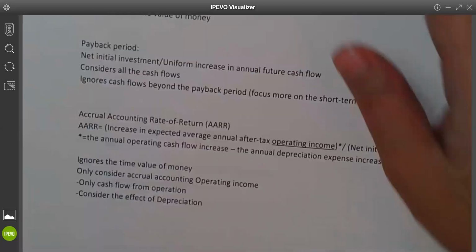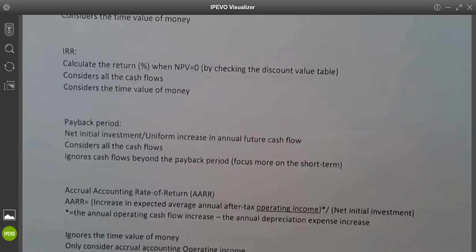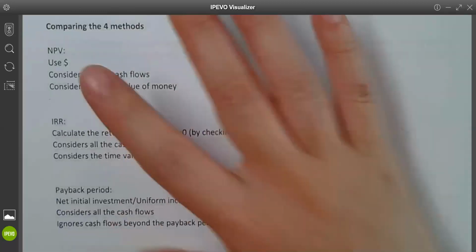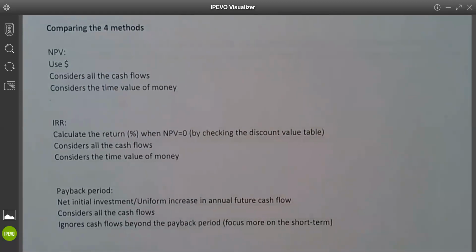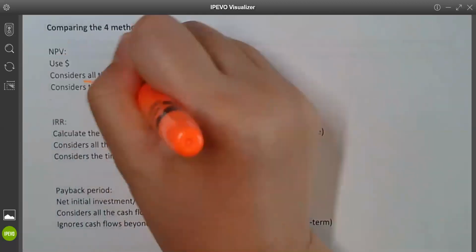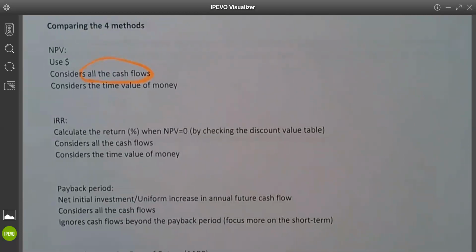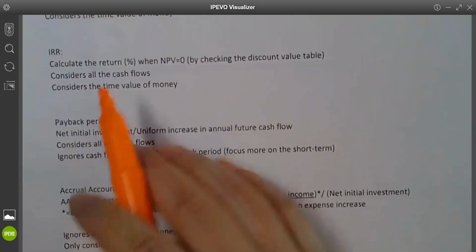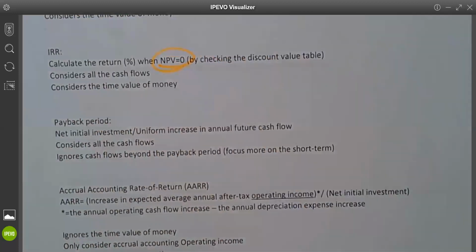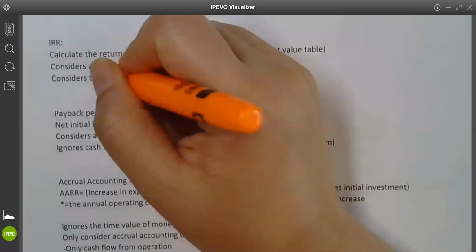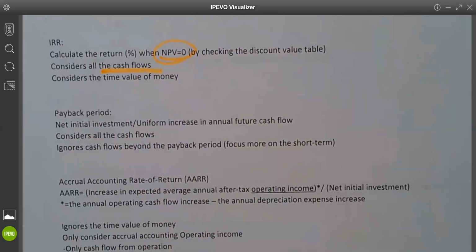I don't want to have another video, I just want to force my way to talk very quickly. Comparing the 4 methods, NPV is definitely the best. We think about all the cash flow, including the working capital liquidation. IRR is when the NPV equals 0, and it also takes all the cash flow.